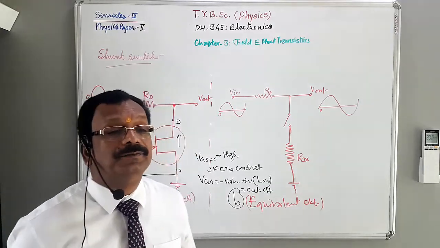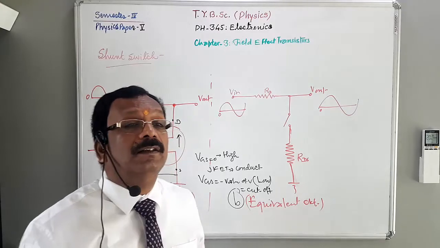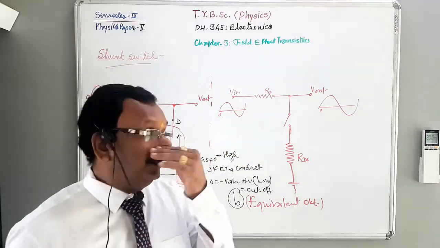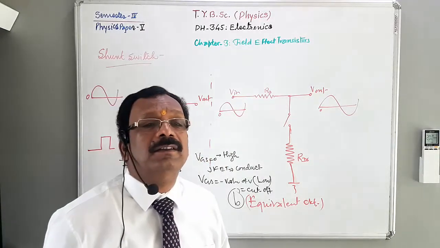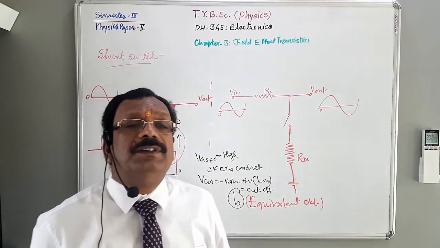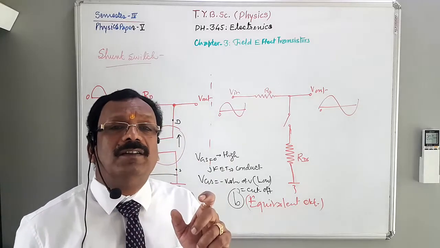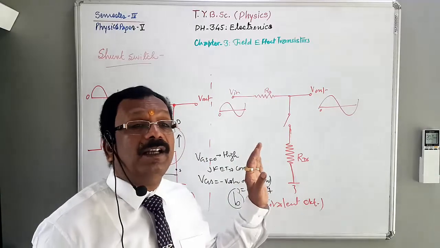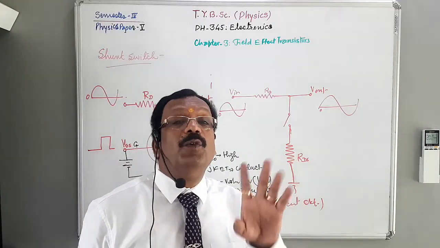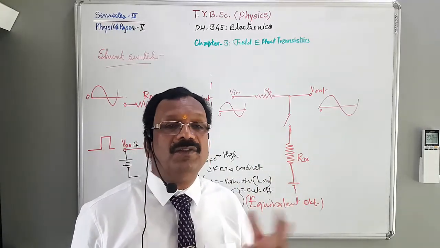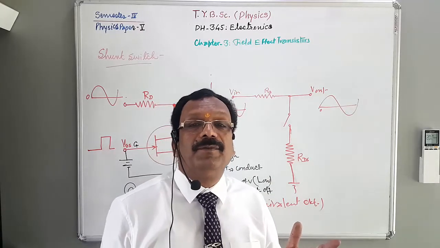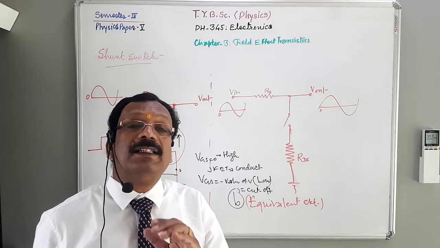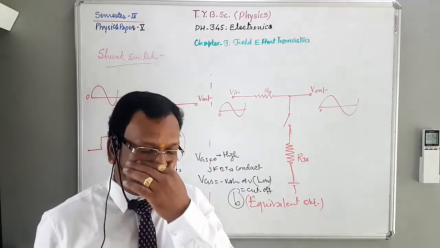For normal operation, the AC input signal voltage must be small, about 100 millivolts. This ensures that the JFET remains in the ohmic region, even when the AC signal reaches its peak value.